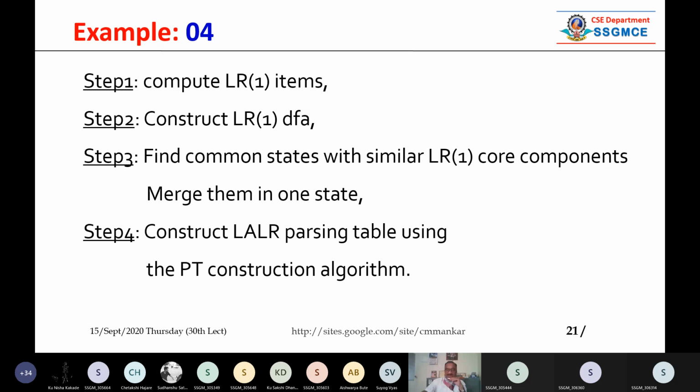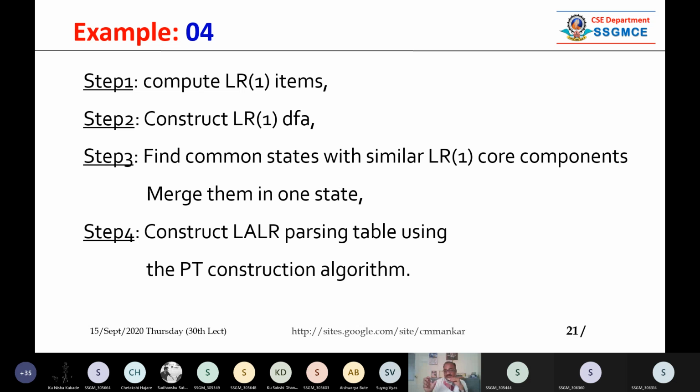Then you have to identify common sets. I will show you what I mean. You have to find the common states. Sets means I0, I1, I2, I3, and states means 0, 1, 2, 3, 4, whatever your DFA states are. If you identify common states, then you have to merge them.